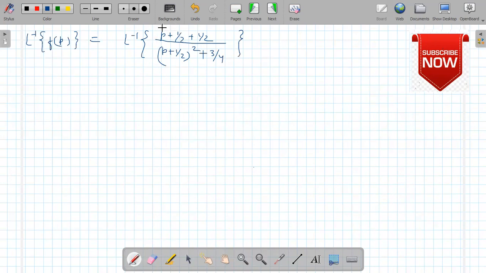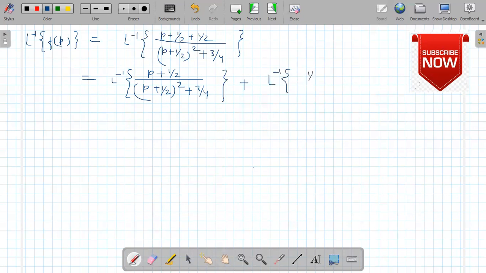Now separate this expression and this expression. Okay, we take p plus half with this and half with this, so that we'll get two expressions. One is Laplace inverse of p plus half over p plus half whole square plus 3 upon 4, and second expression is L inverse of half over p plus half whole square plus 3 upon 4.